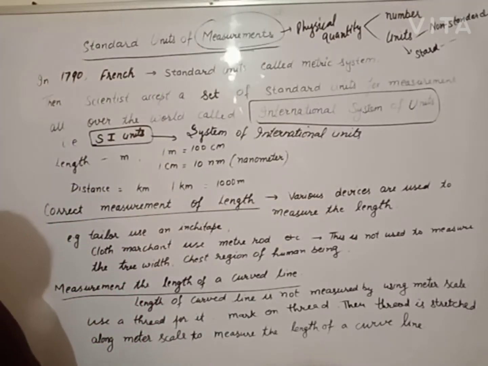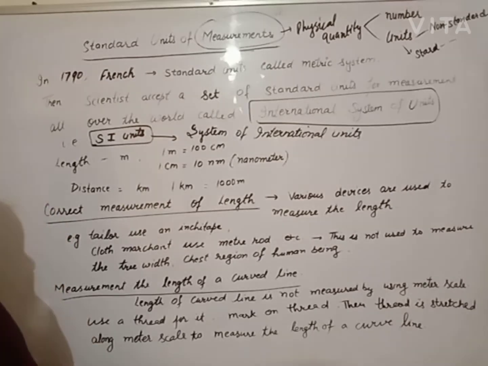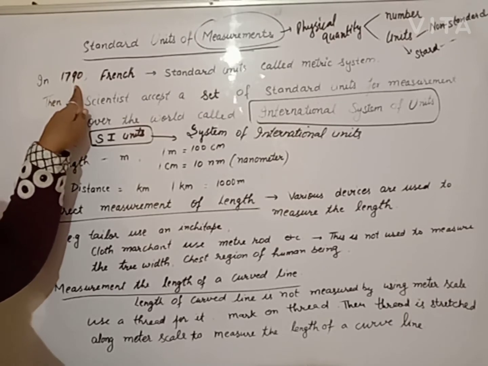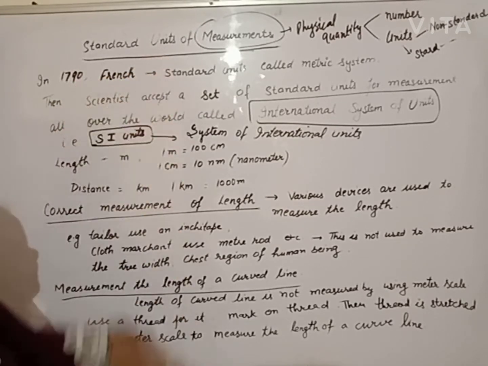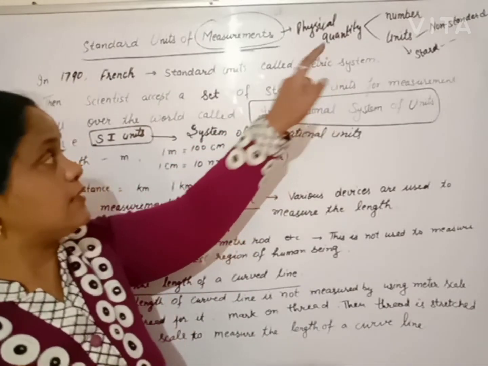This must have caused confusion in the measurement. But in 1790, the French created standard units of measurement, known as the metric system.